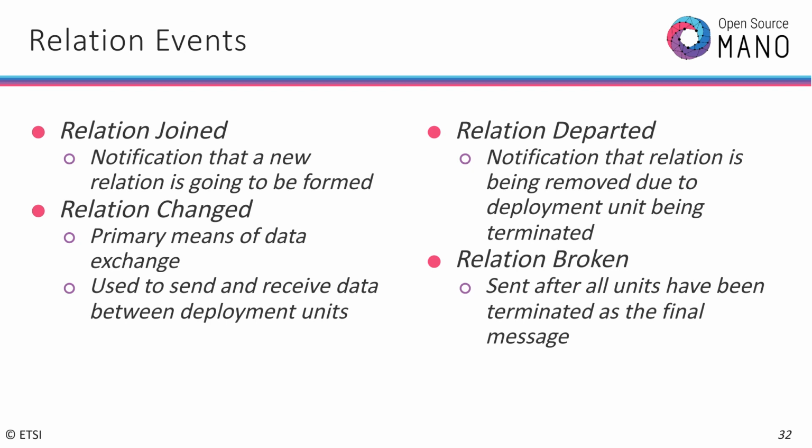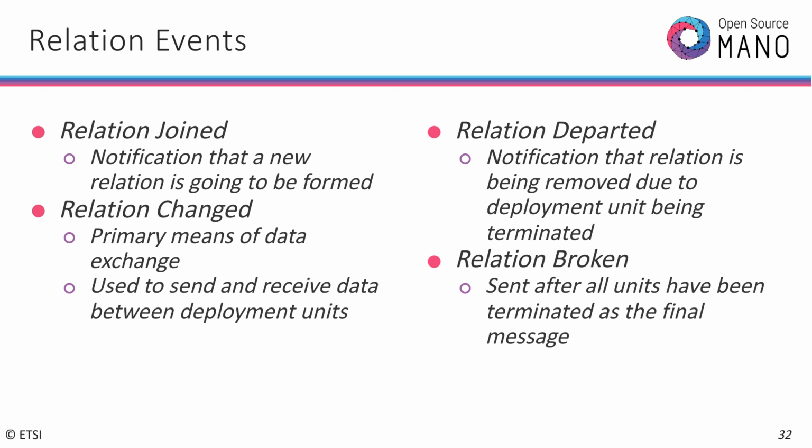The relation changed is our primary means of data communication or data exchange. This is what allows us to send and receive data between deployment units. And it's possible for a unit to cause a data exchange to happen based upon its own timeline.